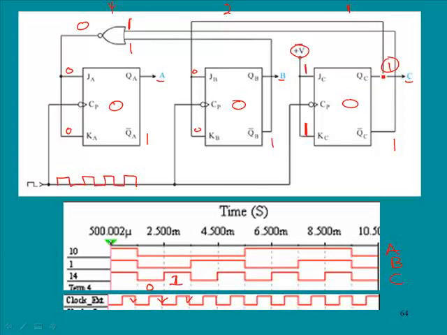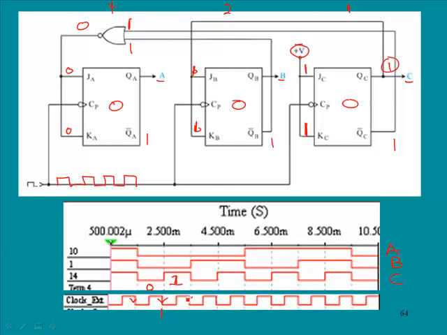Now, at 1, notice that this output goes over to J and K of B. And that is going to change these two. We're going to have a 1 here now.